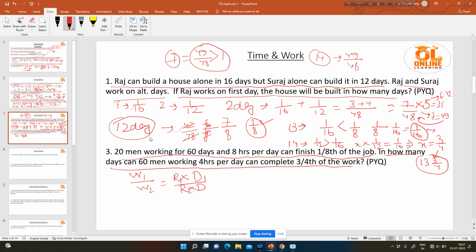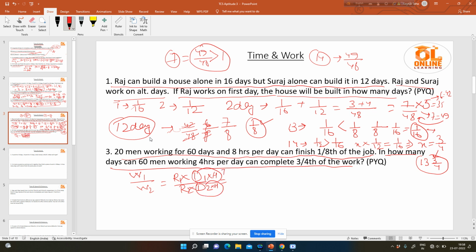Resource 1 into day 1, resource 2 into day 2. Here the time is divided into days and also hours, so we will add hours to it.